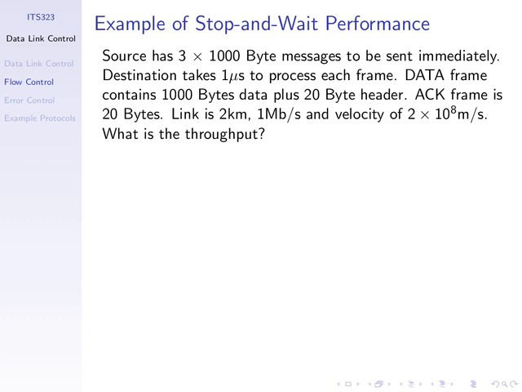We've got 3,000 bytes of data to send. We are allowed to send 1 data frame at the start, and that data frame is going to contain 1,000 bytes of data plus a 20-byte header. To illustrate the transmission of this frame, I'll draw it like this and call it frame 1. When I say frame, I mean a data frame in this case.